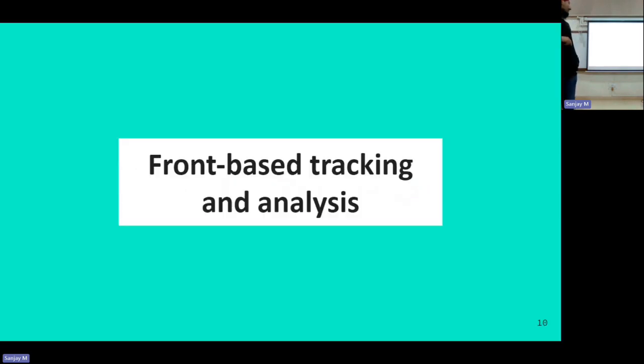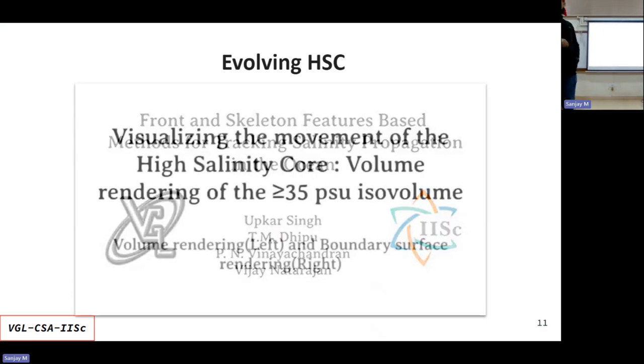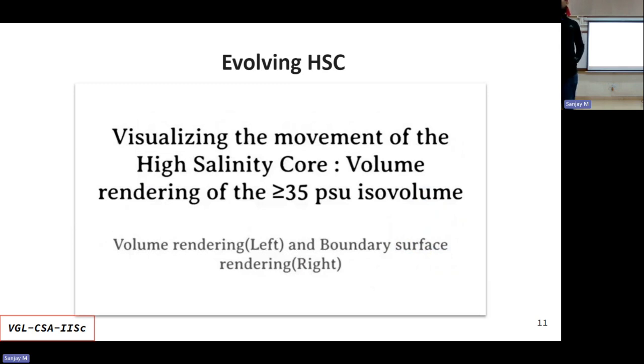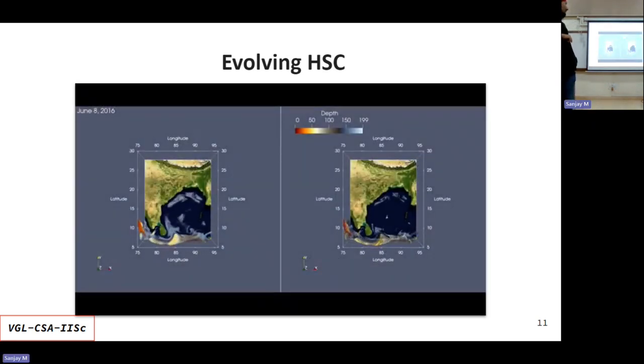We can see that just looking at the boundary surface of high salinity, we can get the same results. So like I said, if we had tried directly through iso volumes, that would have done the job, but it would just increase computational overload, right?